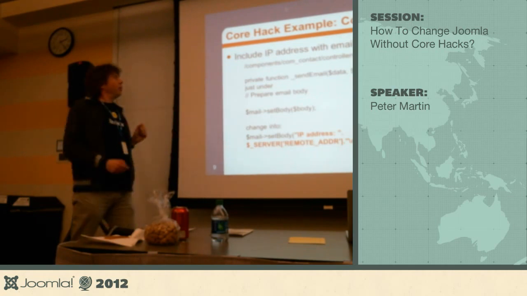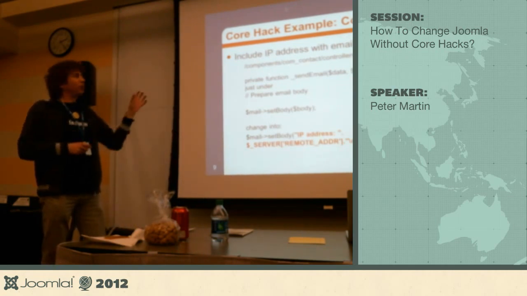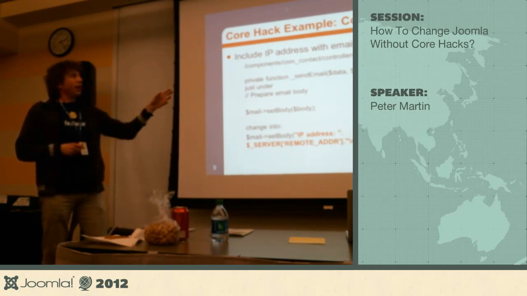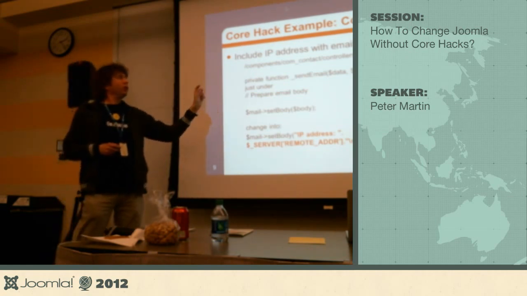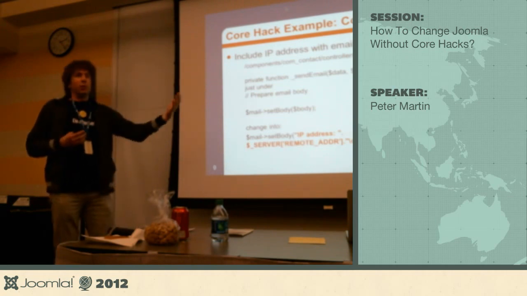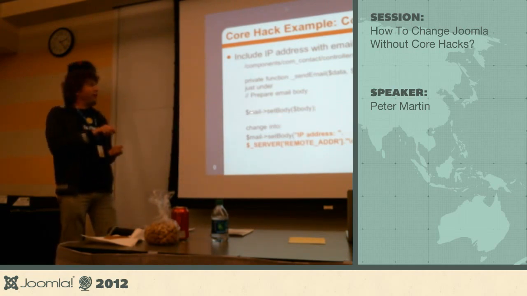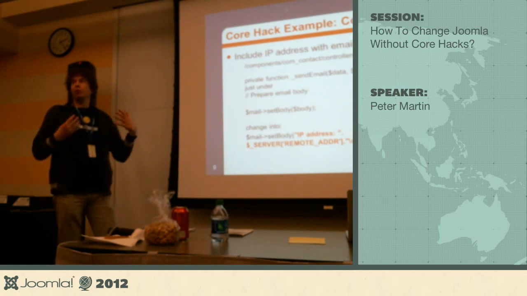This is a core hack. When you open components com_contact, it's the contact component. There is a folder called controllers, and it has one file which is contact.php, and it is a controller that will send the email. If you open it and you find $mail->setBody, you can add some stuff to it.